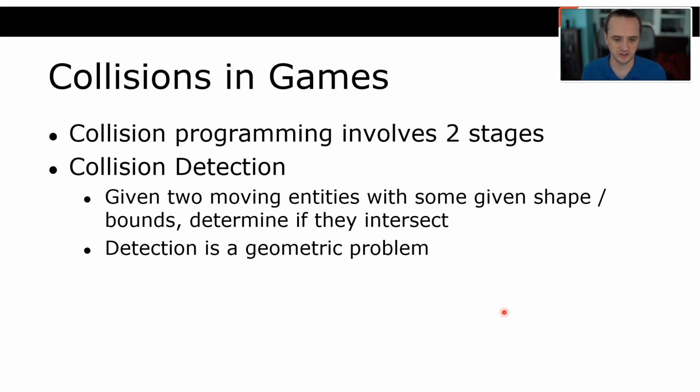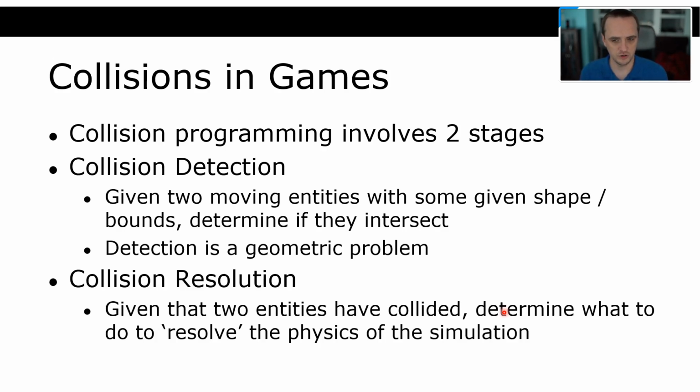Collision detection is a geometric problem, so it deals with the geometry of different shapes. Collision resolution is the second stage. Now that we've detected that 2 entities have actually collided, we want to determine what the results should be. So how do we resolve the physics of this simulation?